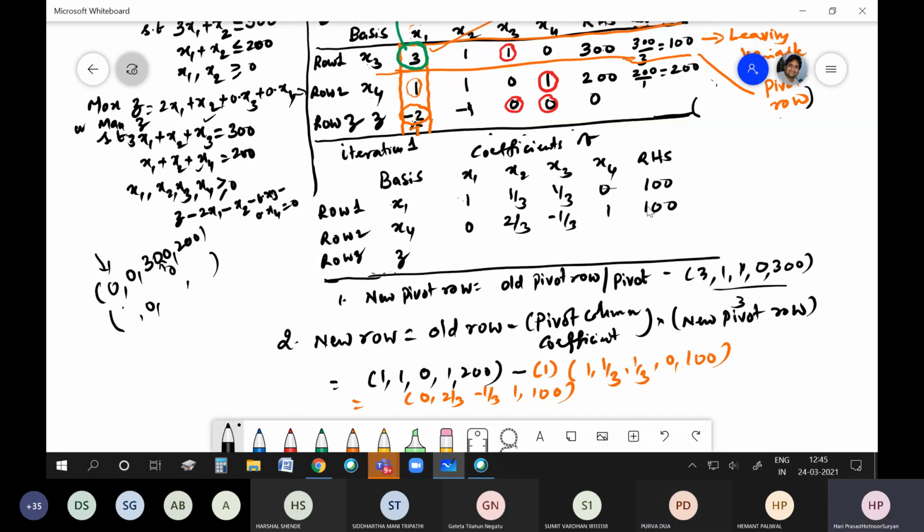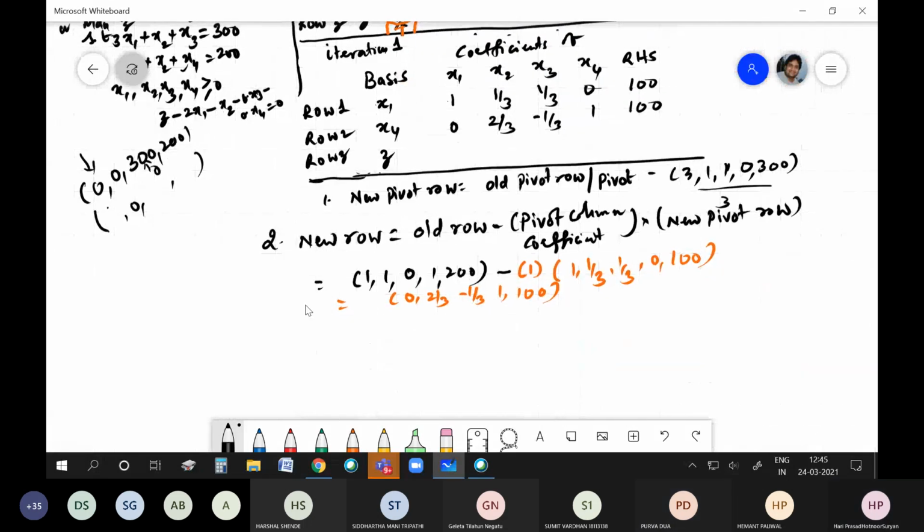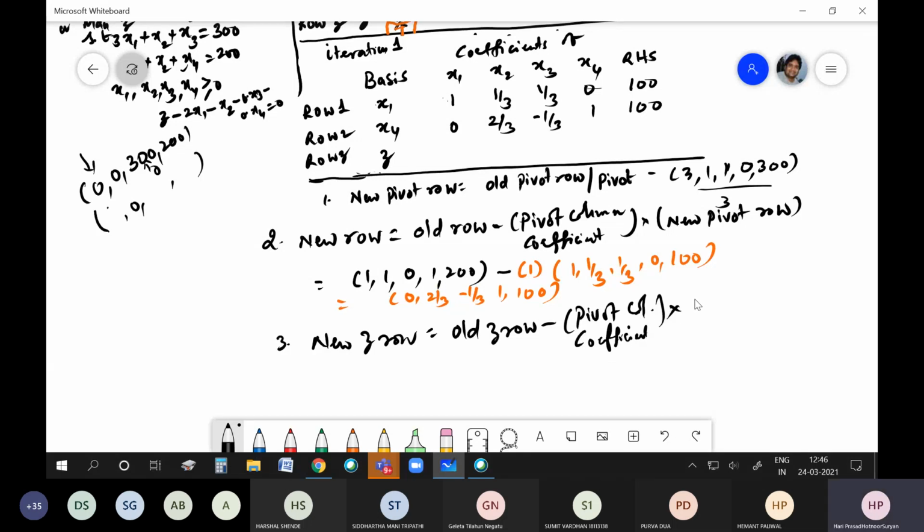Similarly, the new Z row is equal to the old Z row minus pivot column coefficient into new pivot row.